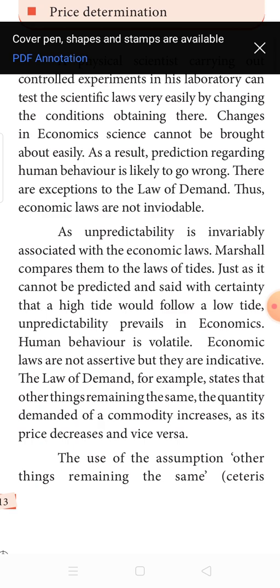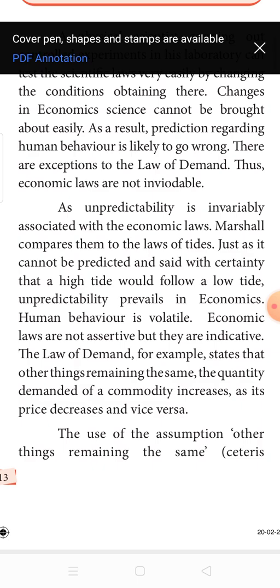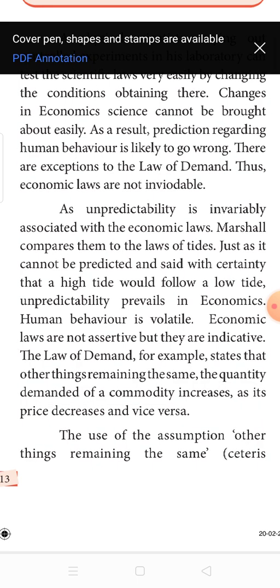Human behavior has more complexities, because we don't behave the same way throughout our life. At one time our mindset is different, and the same person after some time, the behavior of the mind is totally different. So human behavior is susceptible to so many changes and complexities.